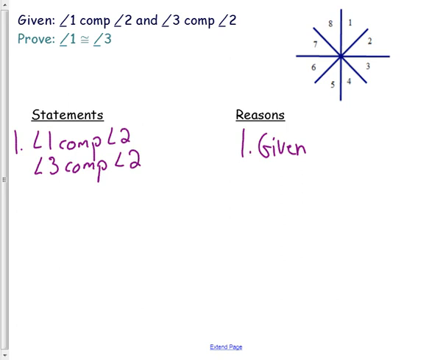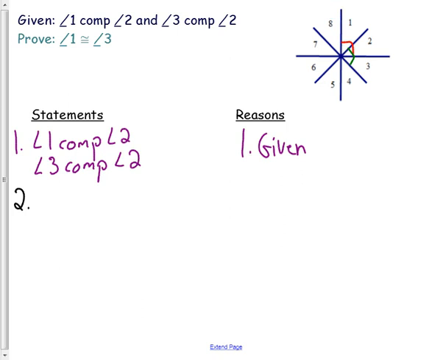We are asked to prove that angle 1 is congruent to angle 3. So when we look at this, what is the connection? Well, 1 and 2 together make a right angle. 2 and 3 together make a right angle.